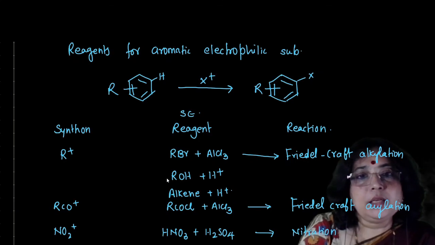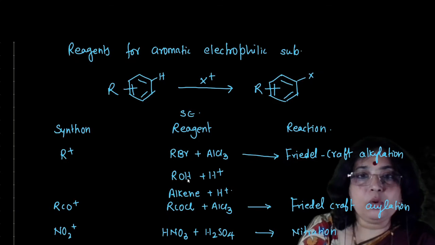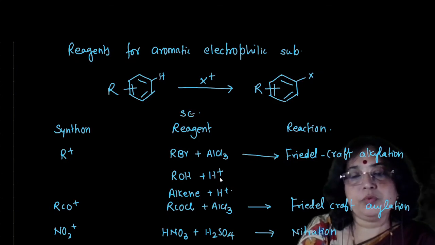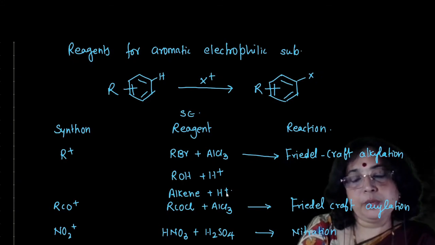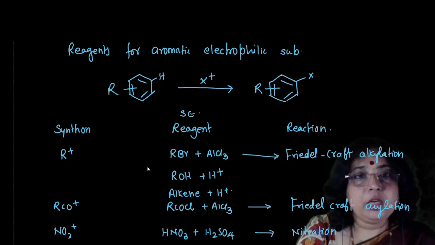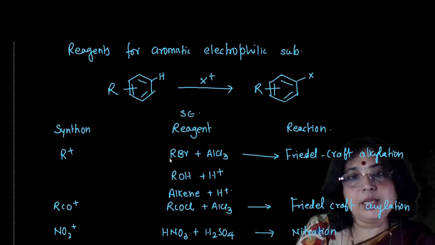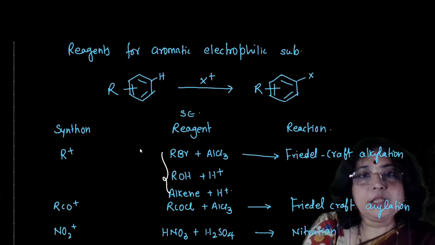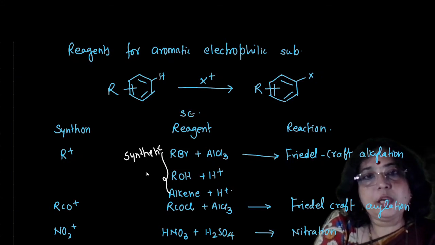Another way you can terminate the synthon is just adding OH in the presence of acid hydrolysis, or you can form alkenes in the presence of acid. This is one way you can terminate your synthons and form the synthetic equivalents. So these reagents are nothing but the synthetic equivalents.